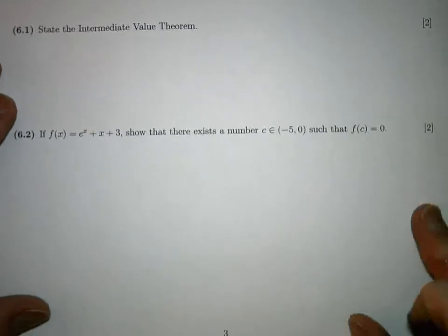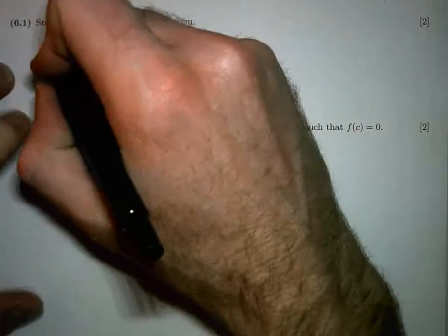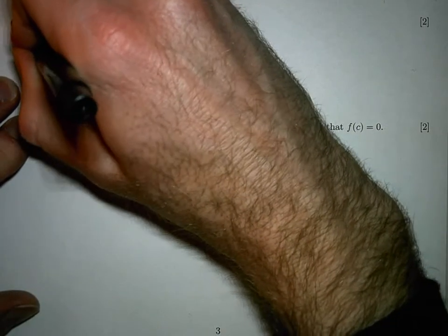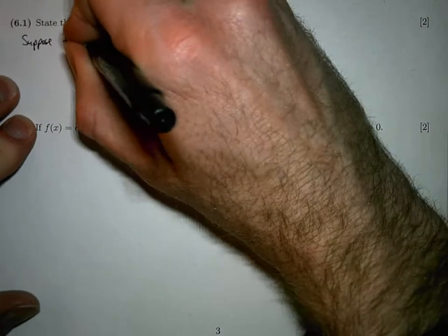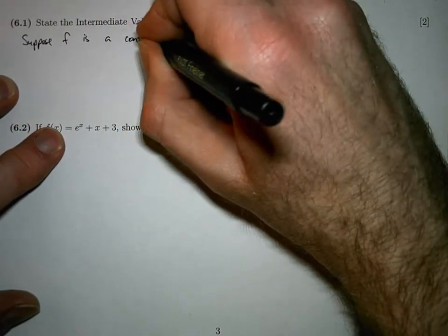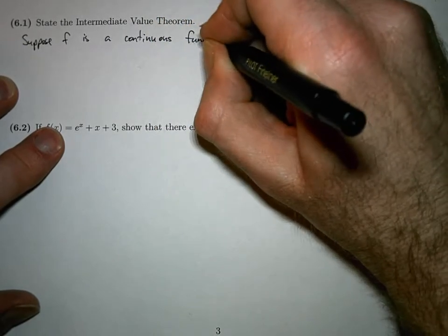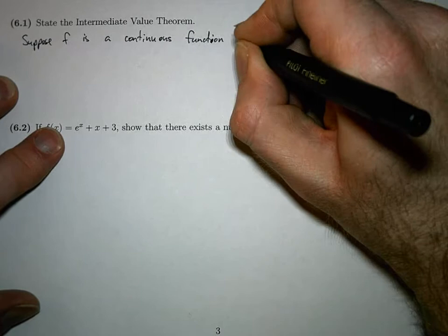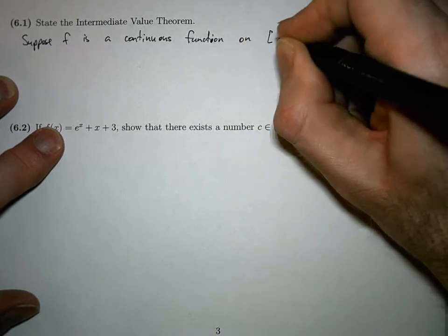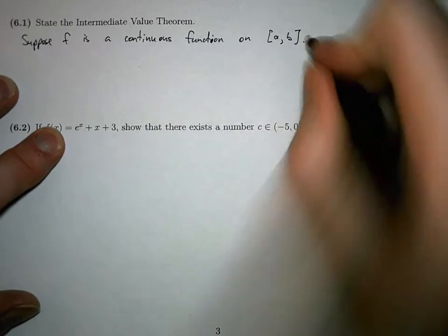So, 6.1, you were simply asked to state the intermediate value theorem, so that should be a nice few easy marks. The intermediate value theorem says that suppose that f is a continuous function, this bit is very important, on the interval a to b, that's a closed interval [a, b].